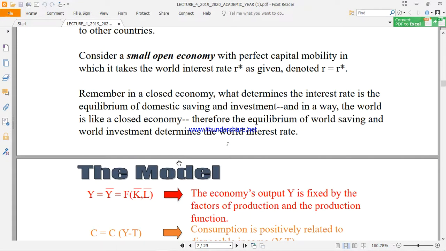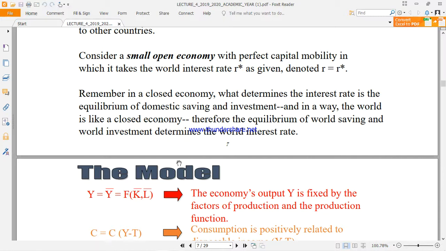From the closed economy, we said that what determines the rate of interest is the equilibrium of domestic savings and investment. Mind you, we said that savings was fixed. Savings are fixed, and then we have the downward sloping demand curve for loanable funds. The supply of loanable funds is actually fixed. That is what we said last time.